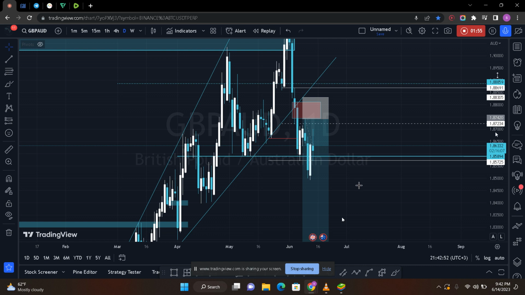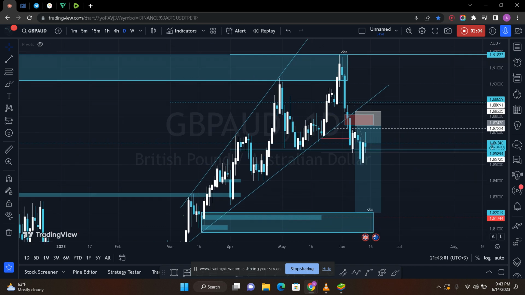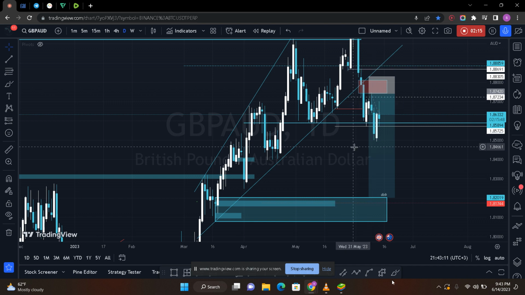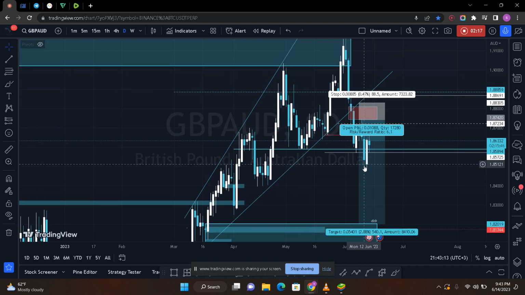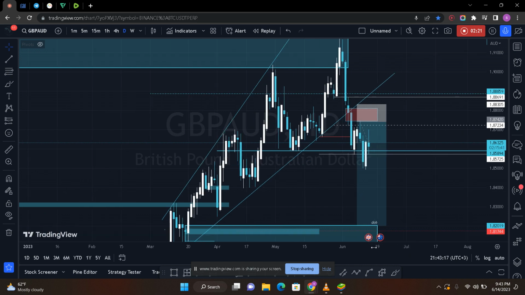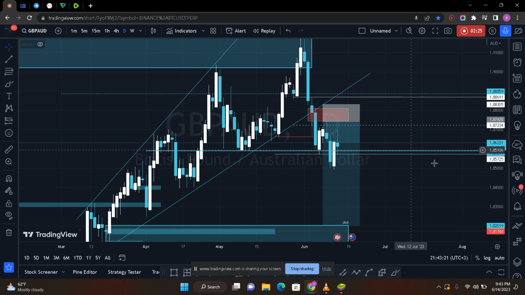So in the beginning of the week, this is the daily chart on Monday. So this is Monday's candle, and you see we opened and continued to go lower. Then we've had a pullback yesterday, and this is today.